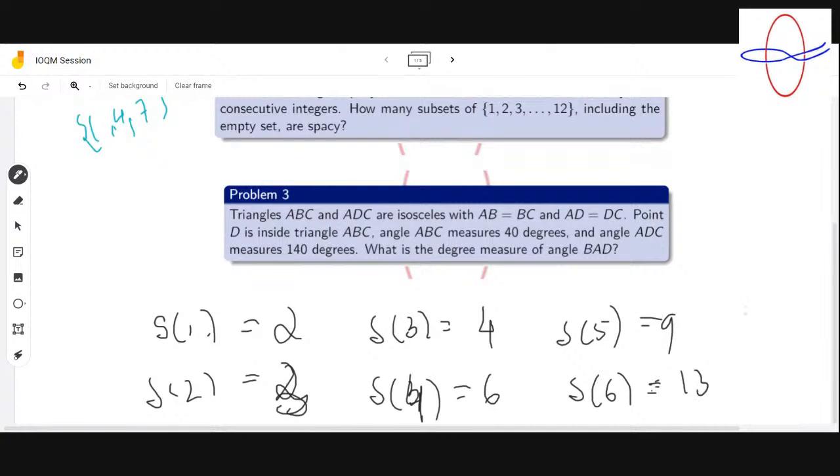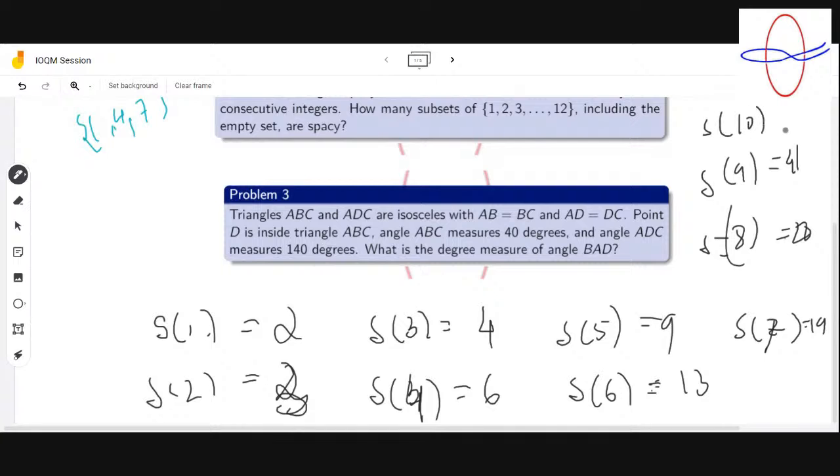S of 7 is 13 plus 6, that is 19. S of 8 is 19 plus 9, that is 28. S of 9 will be 28 plus 13, that is 41. S of 10 will be 41 plus 19, that is 60.